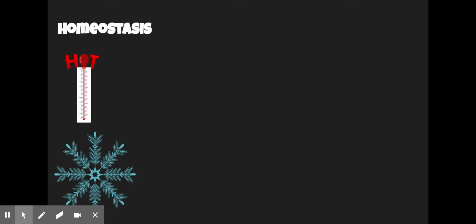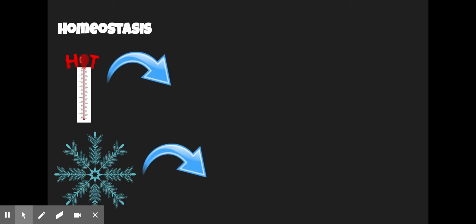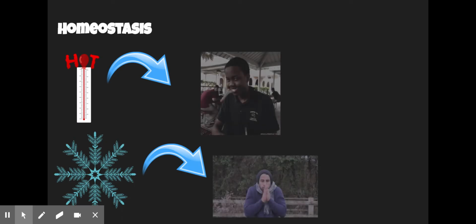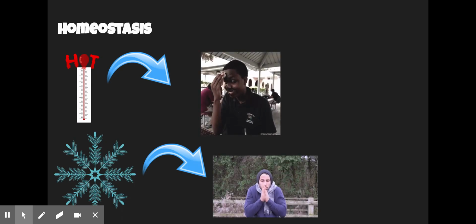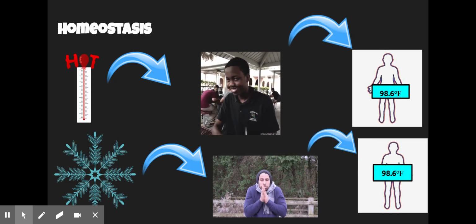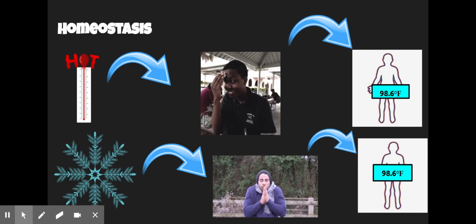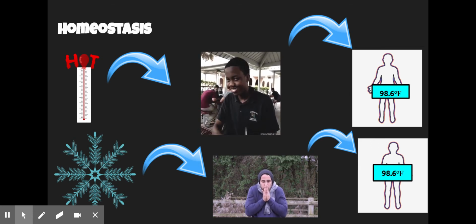So when your outside environment becomes too hot or too cold, your body responds by either sweating or shivering or changing the flow of blood inside the body. And we do that in order to maintain that inside temperature of 98.6. Remember, that's so important. So is your body going to be at exactly 98.6 degrees Fahrenheit? No, it's not going to be exactly 98.6 degrees Fahrenheit necessarily, but it's always going to be right around that temperature.